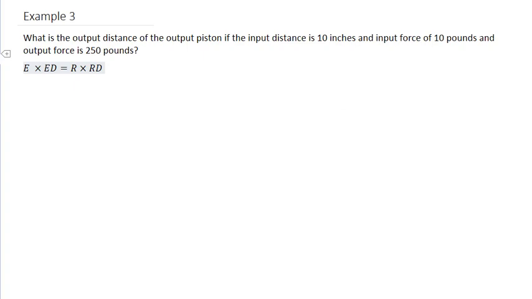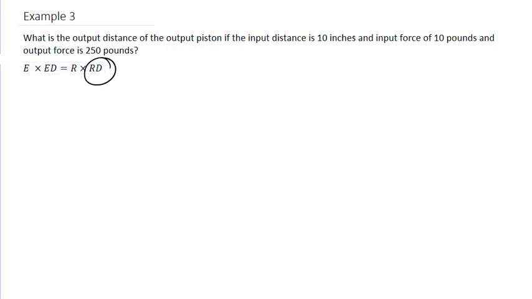Example 3. What is the output distance of the output piston if the input distance is 10 inches and the input force is 10 pounds, and the output force is 250 pounds? This time we are looking for RD.